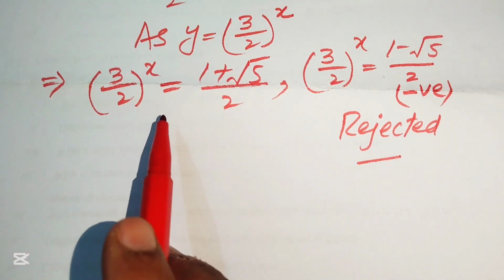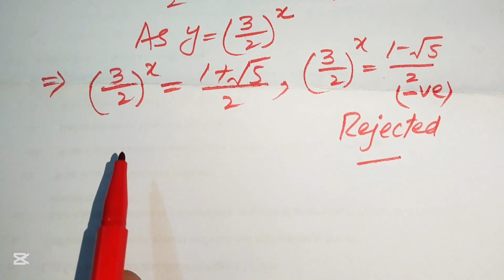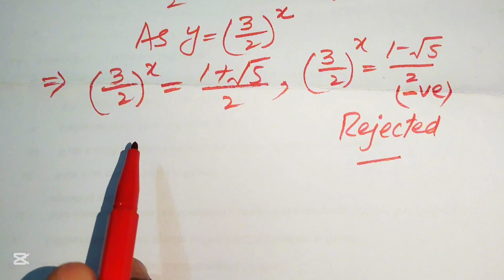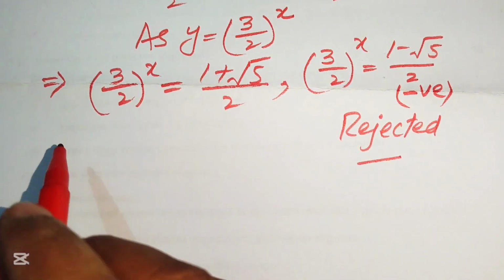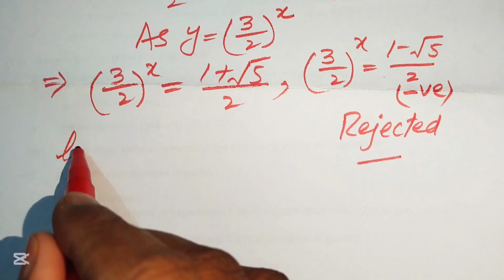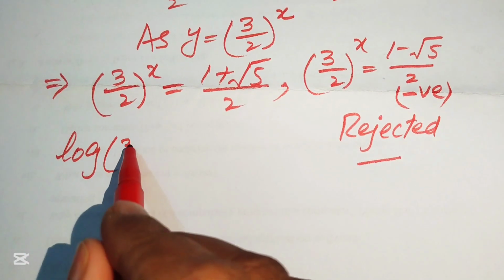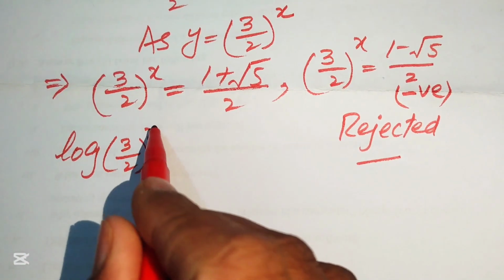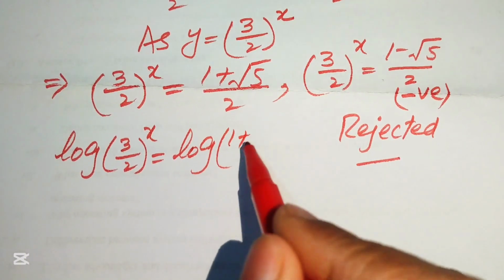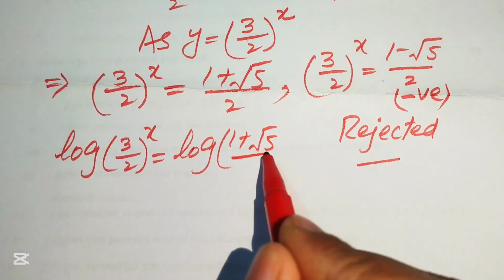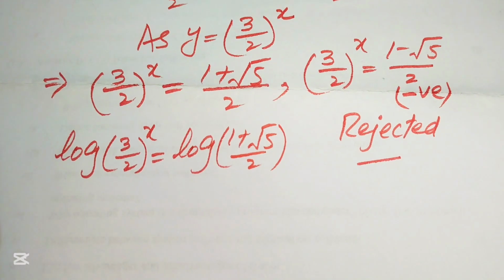And now in order to find the value of x, here we need to take the log on both of the sides of this equation. So when you take log, it will be written as log of 3 over 2 to the power of x equals to log of 1 plus square root of 5 divided by 2.